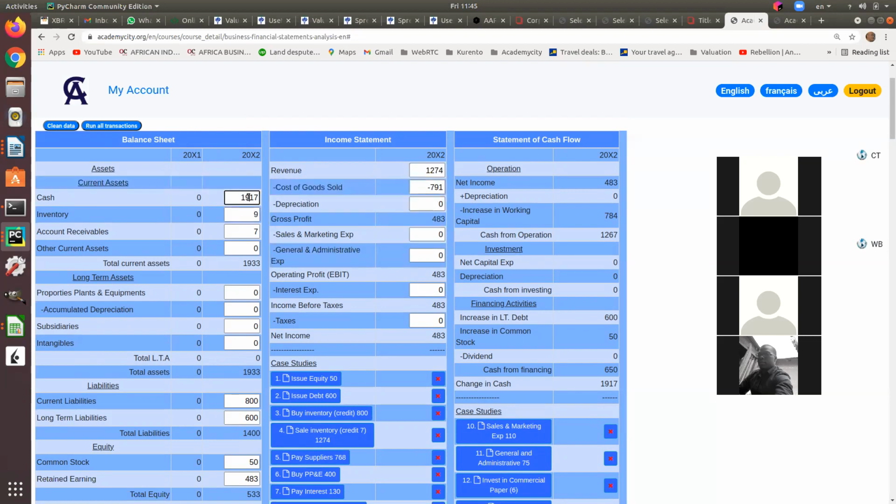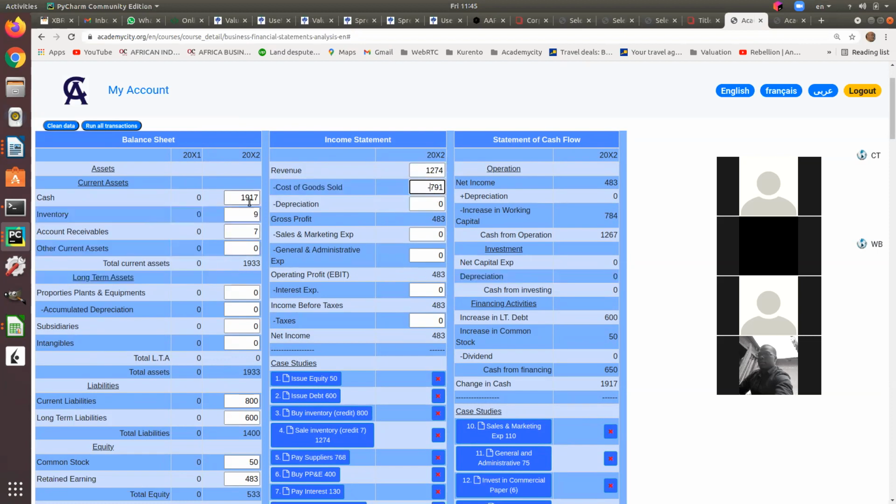So if I look at those three numbers together, these went up together by 1274, and this went down by 791. If I look at those three together, they went up by 483. One more time. Those three accounts went up by 483. This one plus this one went up together by 1274, and this one went down by 791.